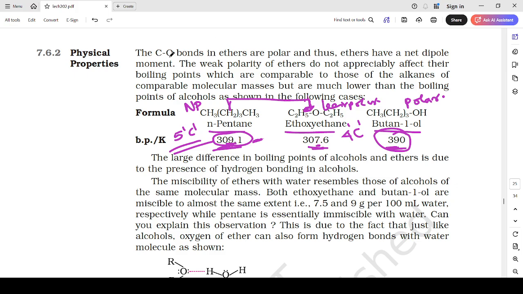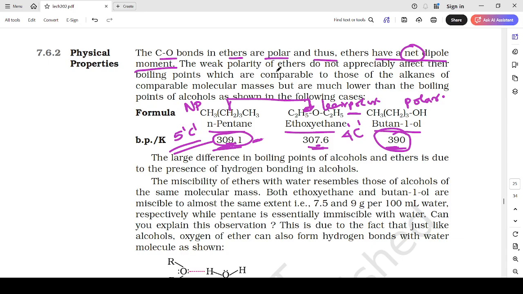Okay. So C-O bonds in ethers are polar and thus ethers have a net dipole moment. Why should ether have a dipole moment? I am saying not. I didn't say it's non-polar. I said it's least polar. That's the reason why it has a net dipole moment. That is available.